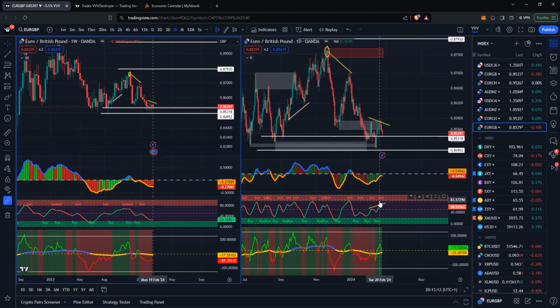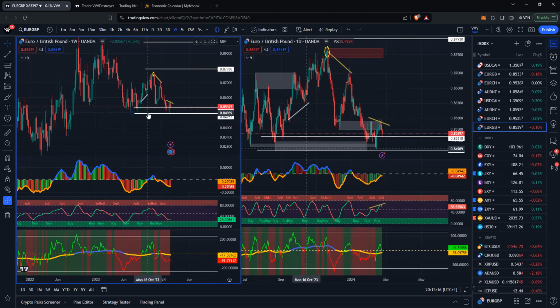Everything is more red than green. I would say it has the potential to go to the downside, which is very interesting because the Euro CHF went to the upside. The Euro GBP should go to the downside. So this is also a complete mess of what we're witnessing right now.